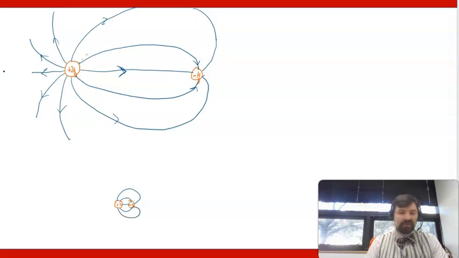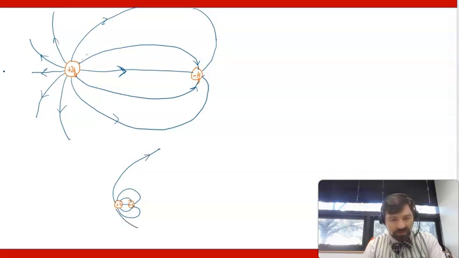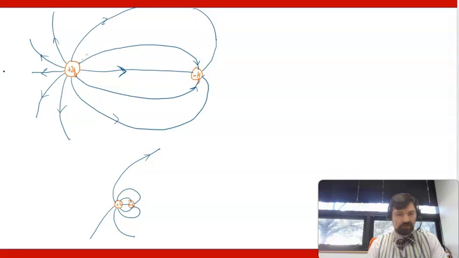And then these lines, which were originally radiating outward, eventually end up curving. Oops, that one's not a very good curve though. Kind of curving like so, and like so. And so from very, very far away, eventually what you get is the field that looks as if it's generated more or less by a single point charge.